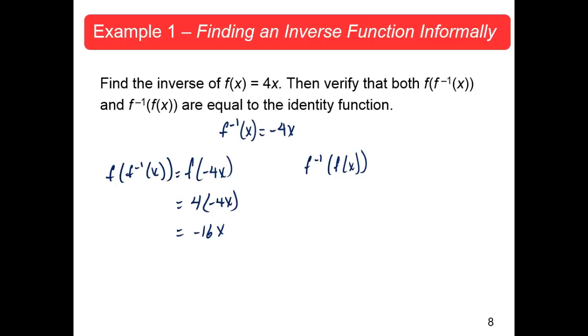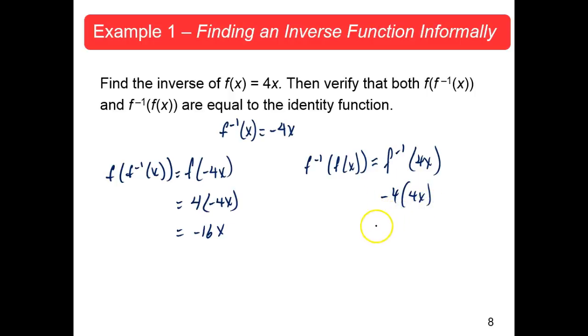Frankly, that doesn't look too promising, but let's do the other one and see if we get the same thing. What's your f of x? 4x. And then, what does it do? Okay, multiply it by negative 4. And guess what? You do get the same answer, but it's not x. That would be negative 4 of 4x.